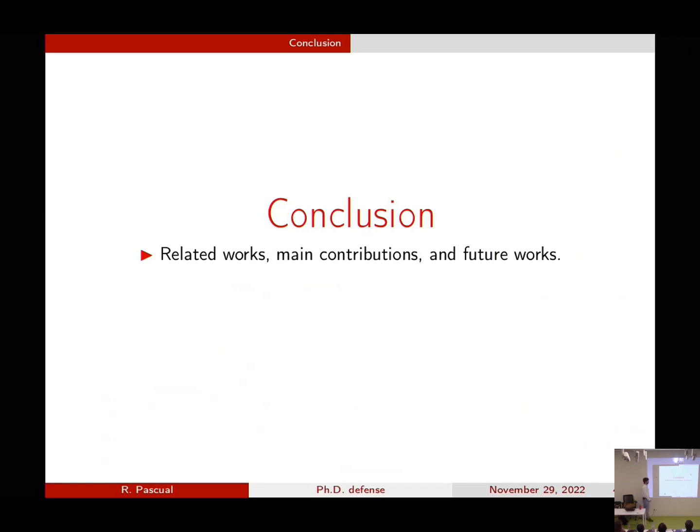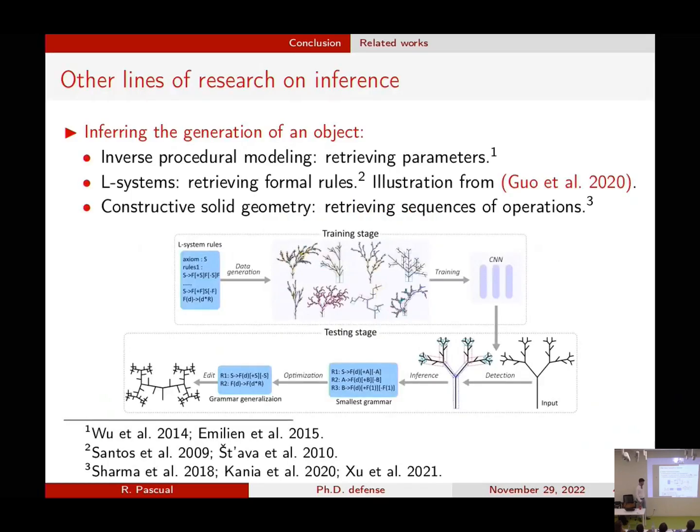I still want to give some information about related works and future works. When I started studying this question of inferring modeling operations, I quickly found that there were not a lot of works on this topic. Most of the works were trying to find solutions to generate an object given some a priori objects that we wanted to imitate.